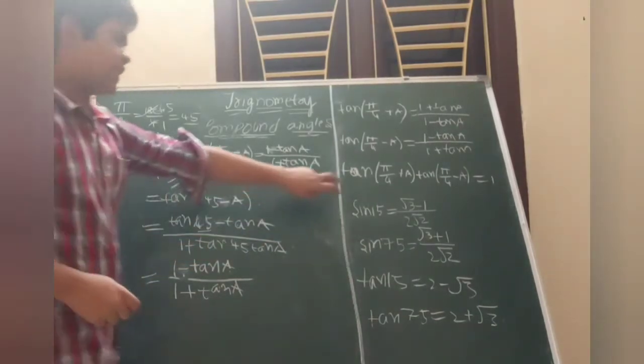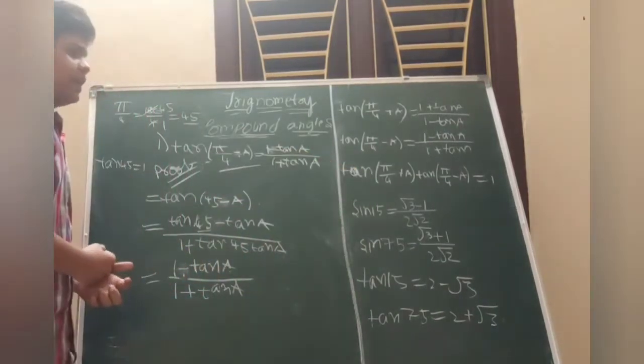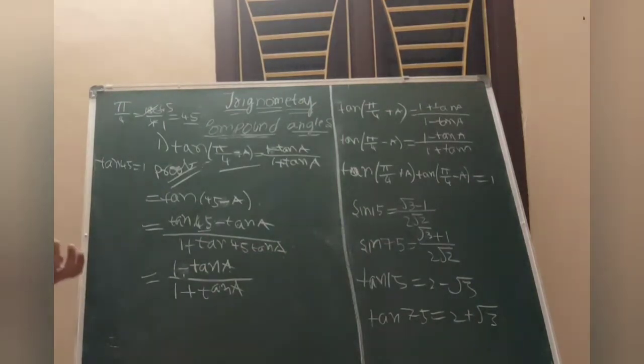And the third one is tan pi by 4 plus A into tan pi by 4 minus A is equal to 1.